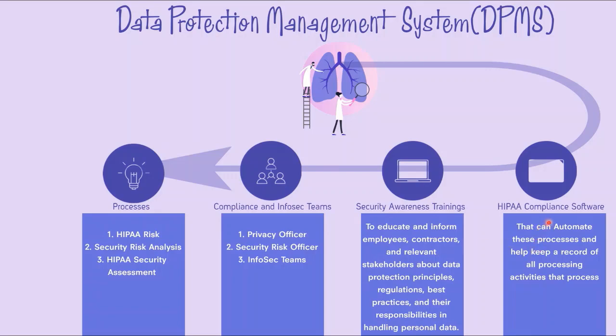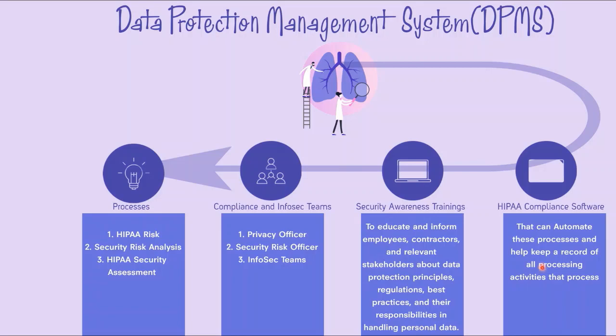Then the fourth component, we will talk about this a little bit in detail on the next slide: HIPAA compliance software. Organizations should use specialized software, like compliance management software. There are various vendors, but some of them I remember are OneTrust and HIPAA One.